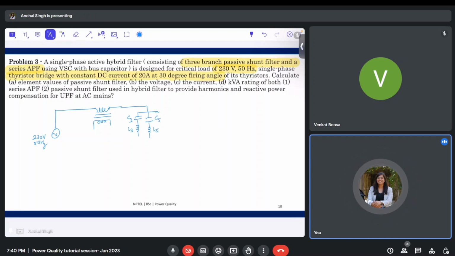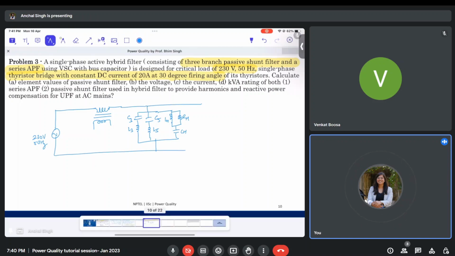And then there is a high pass damped filter, which is LH, RH, and CH. So this is my passive shunt filter. My load is a thyristor bridge, supplying a constant load. So let me put an inductor and resistor, a very high value of inductor, which is taking 20 ampere of constant current at 30-degree firing angle.